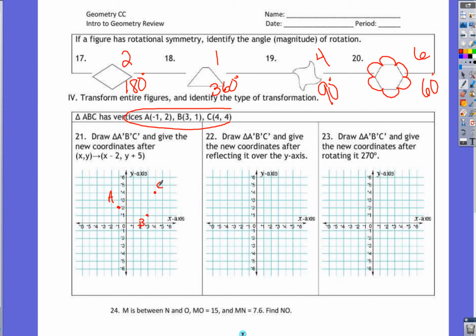Are we good? I'm going to connect my dots. And I'm going to do it again. I wish my arms were longer. Is everyone getting these on their papers?